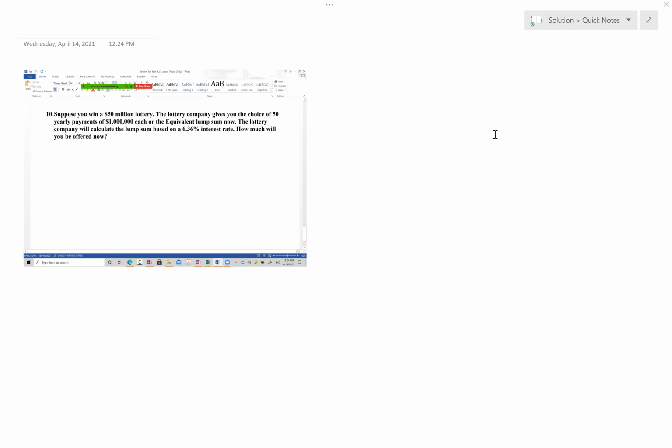Also, you can utilize that amount of money to generate more money for you. Compared to 50 million in 50 years, you may end up with more money, right? So that's very possible. So in this scenario, let's find out the present value of the annuity. So it's a present value of annuity issue.